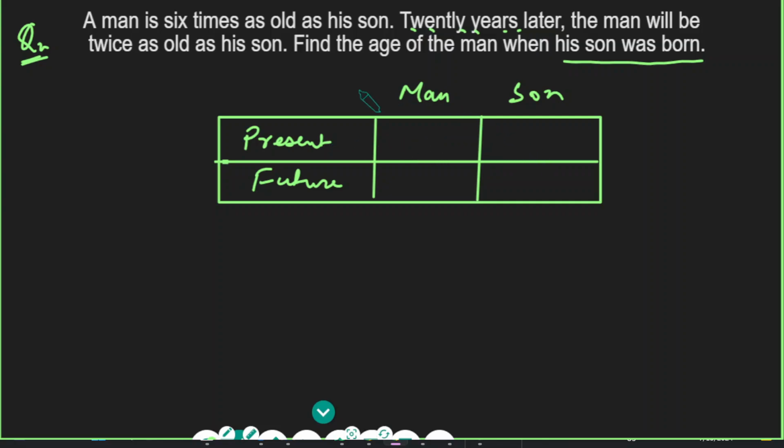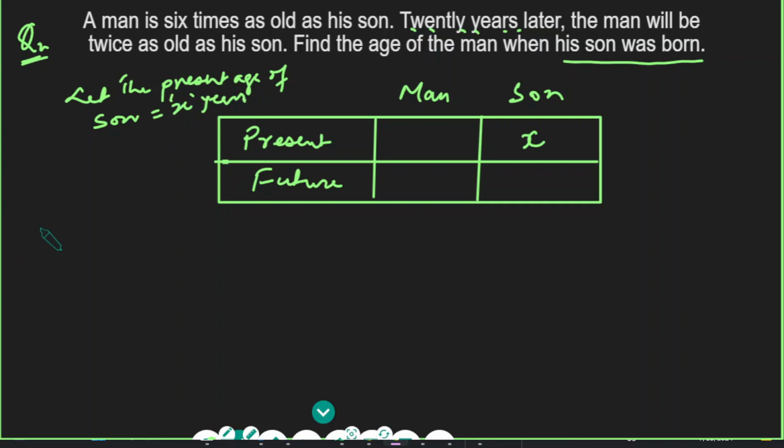Now because the son is smaller than the man, we always put the value of the variable in that term. We can consider the son's age to be x years. That is the present age of the son. You can also write: let the present age of son be x years.